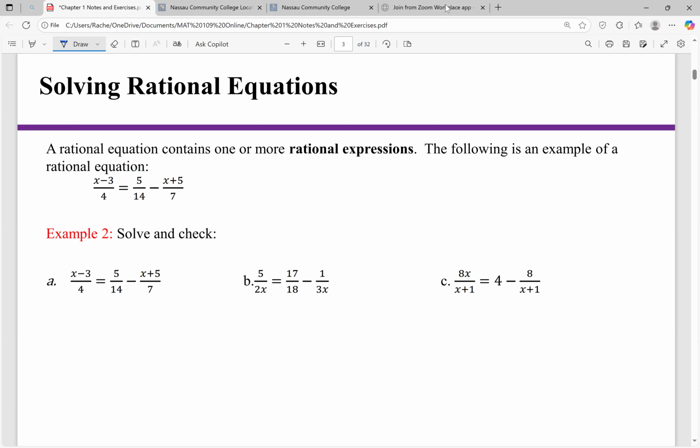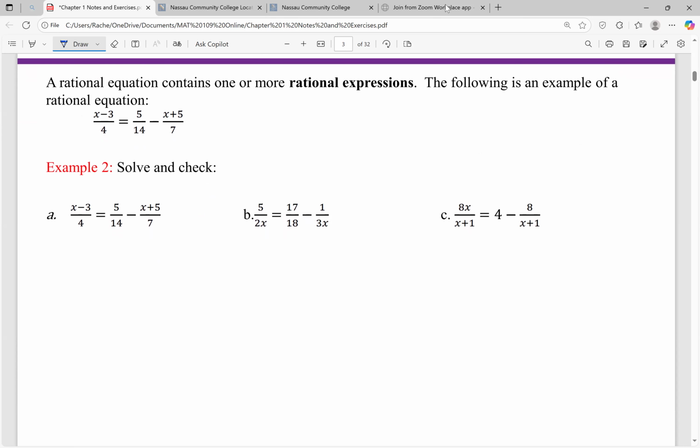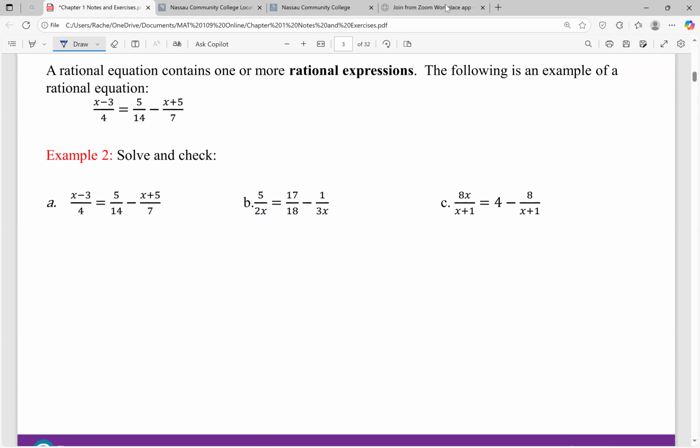My approach to solving rational equations is, rather than trying to combine those 2 fractions and then cross multiplying, what I think is easier, and this is the technique that I'm going to show you, is let's just get rid of fractions altogether by multiplying the entire equation by the least common denominator.